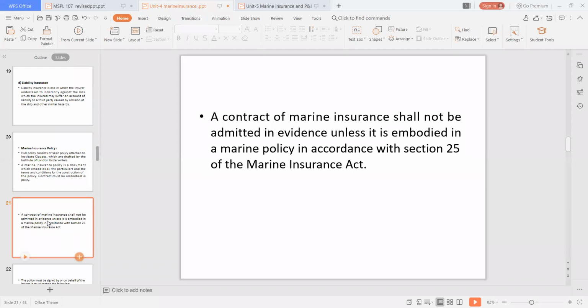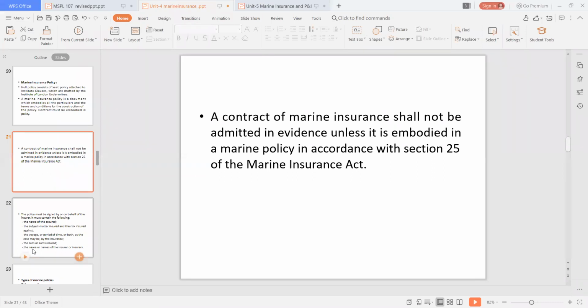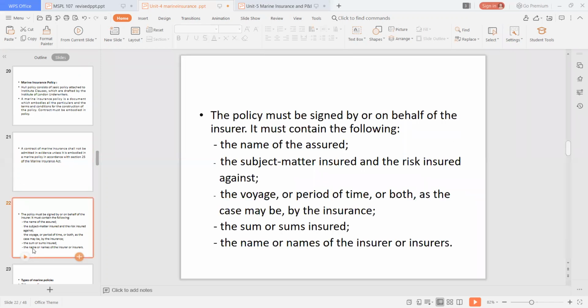A contract of marine insurance shall not be admitted in evidence unless it is embodied in the marine policy in accordance with Section 25 of the Marine Insurance Act. The policy must be signed by or on behalf of the insurer.